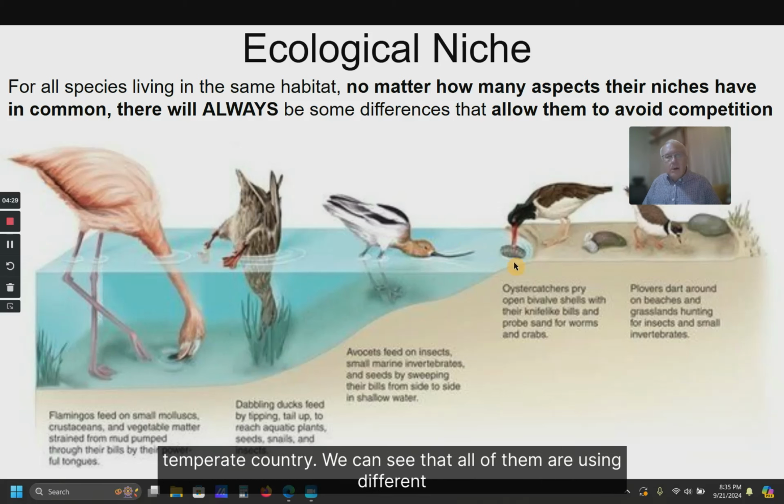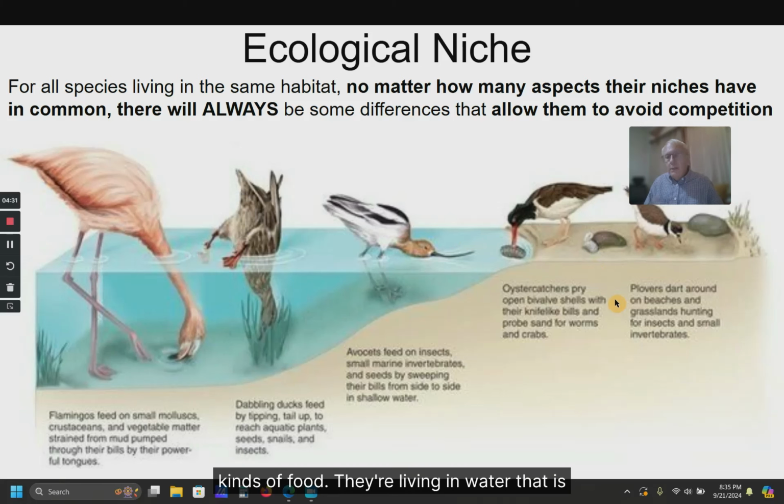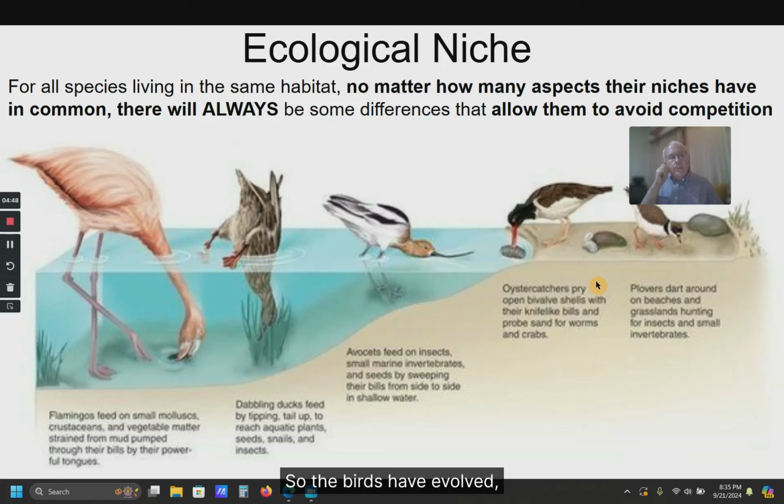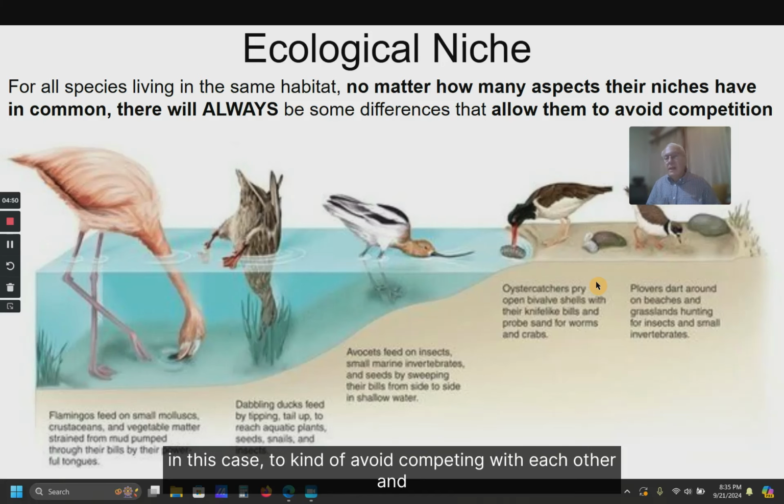We can see that all of them are using different kinds of food. They're living in water at different depths, different distances, really, from where the food is located. Food is on the bottom, or it's floating in the water, or it's actually buried in the beach. So the birds have evolved in this case to avoid competing with each other.